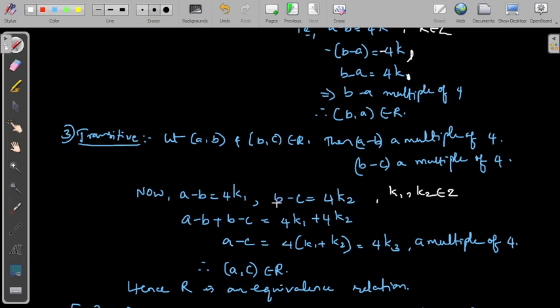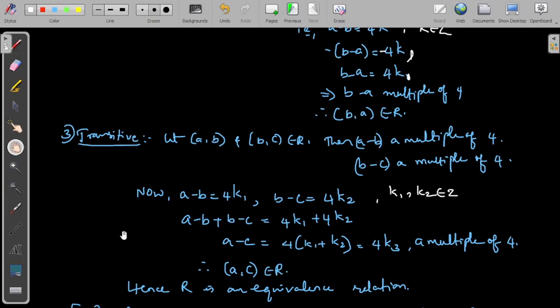Then take the sum of these two: a minus b plus b minus c equals 4k1 plus 4k2. The b cancels, so a minus c equals 4 into k1 plus k2. Take it as a new integer k3, that is also a multiple of 4, therefore (a, c) belongs to R. Hence we have shown that R is reflexive, R is symmetric and R is transitive, therefore R is an equivalence relation.